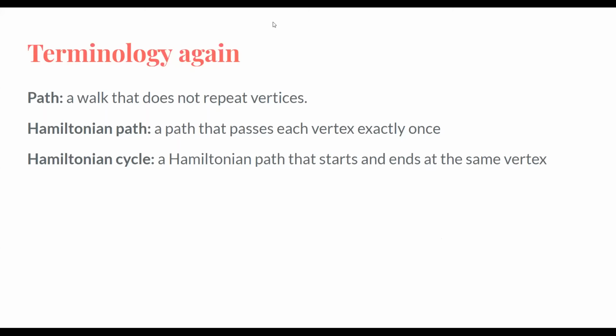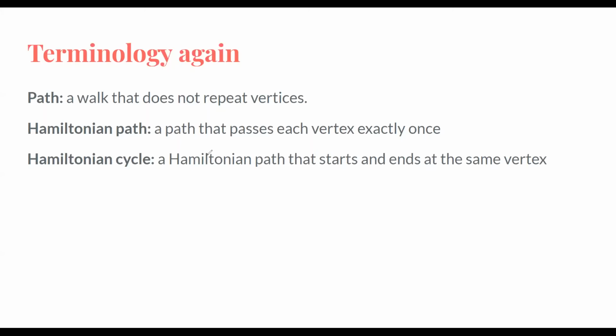All right, so a couple more terms. A path is different from a walk, which is a little confusing. A path is basically a walk that does not repeat vertices. So you cannot go to the same vertex twice. A Hamiltonian path is a path that passes each vertex in a graph exactly once. So not only does it not repeat vertices, it also visits every single vertex.